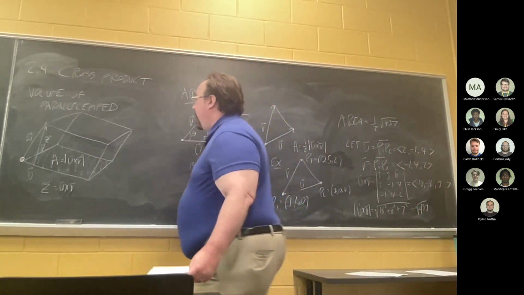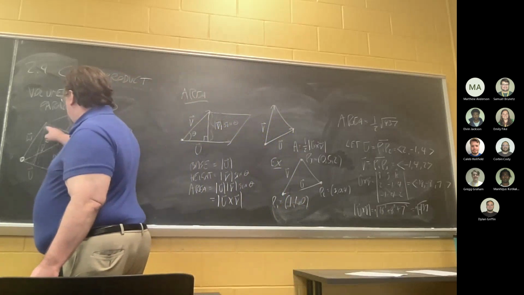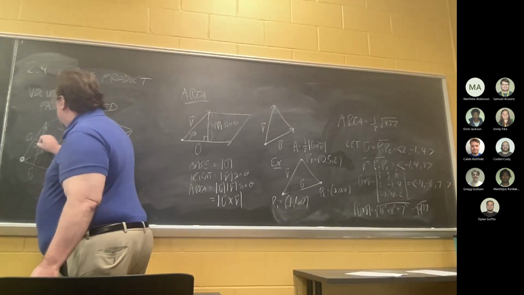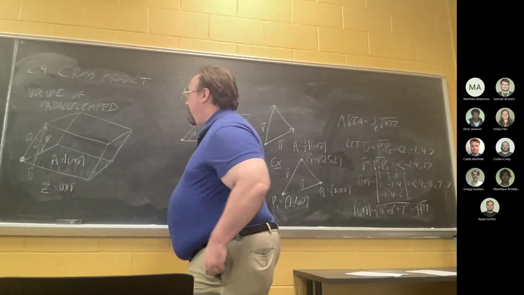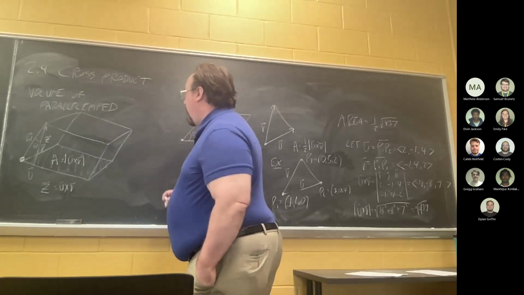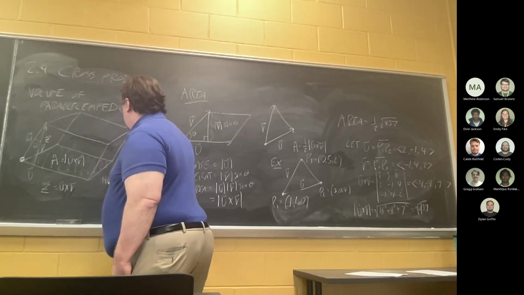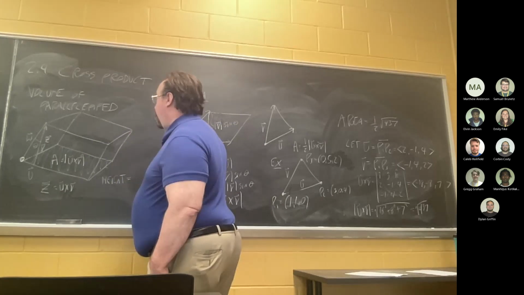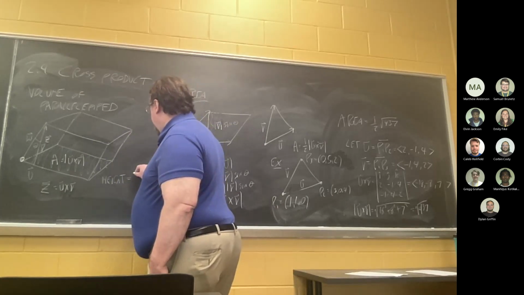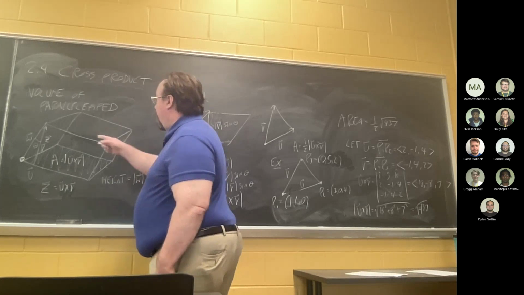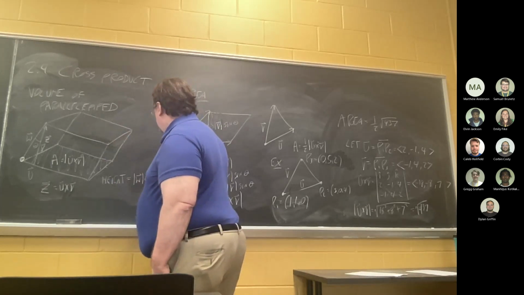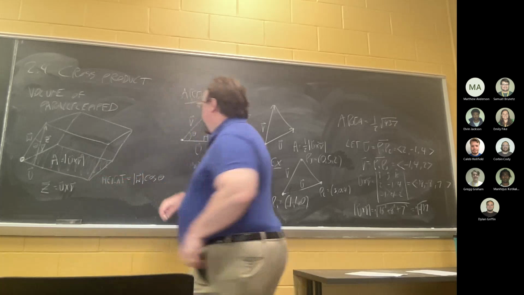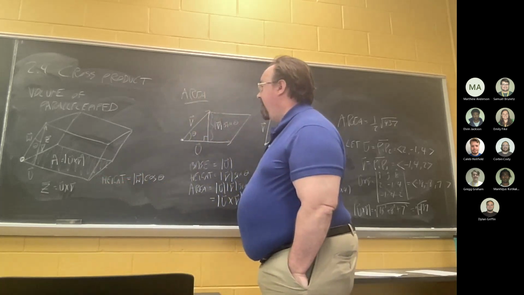Now, if I look at the angle between this cross product Z and the remaining edge W, this angle here, theta, then by right triangle trigonometry, the height of the parallelepiped is equal to the hypotenuse, which is the magnitude of W, times the cosine of the angle between them, cosine theta.